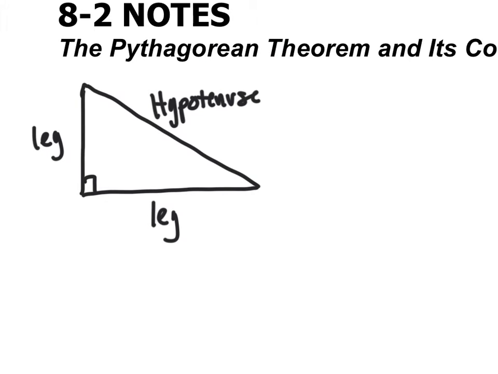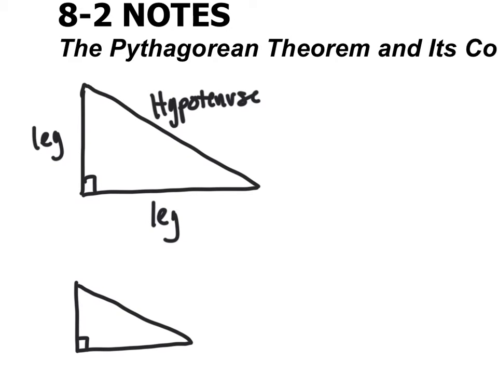figured out that if you take the sides of a right triangle, okay, and I'm going to draw another one here. If you take the two legs squared and add them together, it will equal the hypotenuse squared if you have a right triangle.